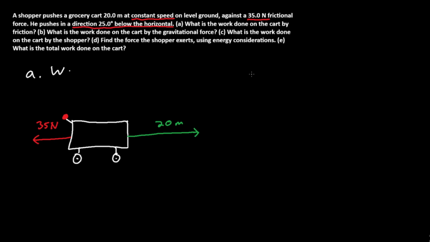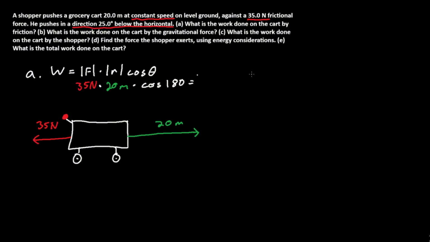Part A, work due to friction. Work is the magnitude of the force, times the displacement, times the cosine of the angle between them. The magnitude of force here is 35 newtons. The magnitude of displacement is 20 meters. And the angle between them is 180 degrees, since they go in the exact opposite direction. Cosine of 180 is negative 1.